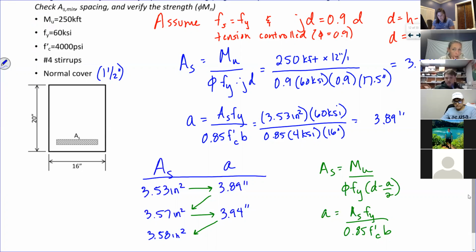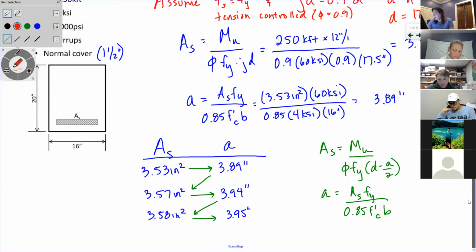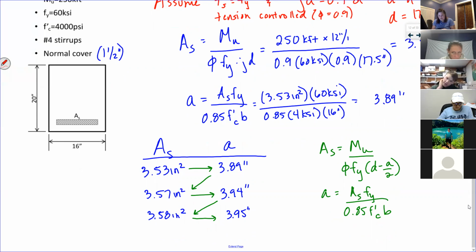So there's not like a set value of As that we have to get to? No, just basically, I'm trying to see if I can get the same number twice in a row. So when the iterations begin to not change your As, that's when you know you're close.